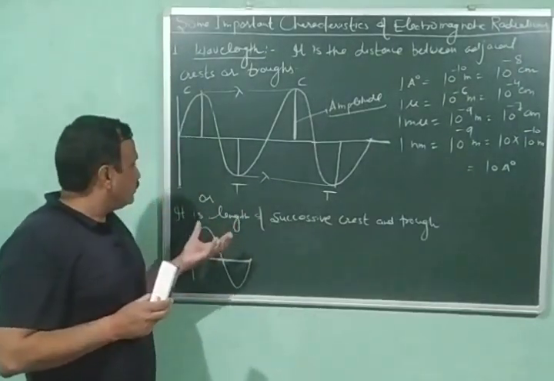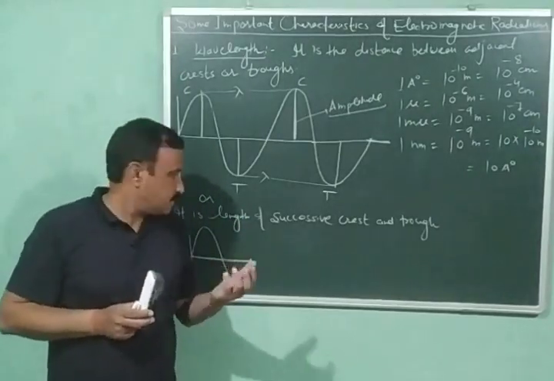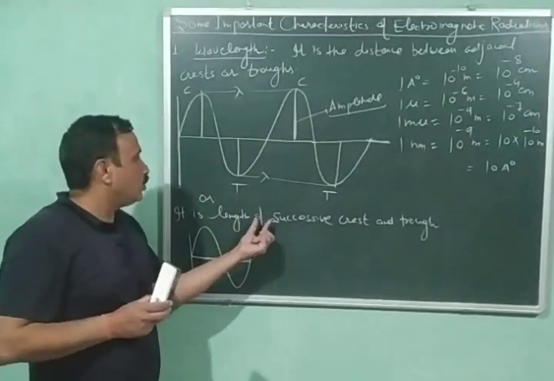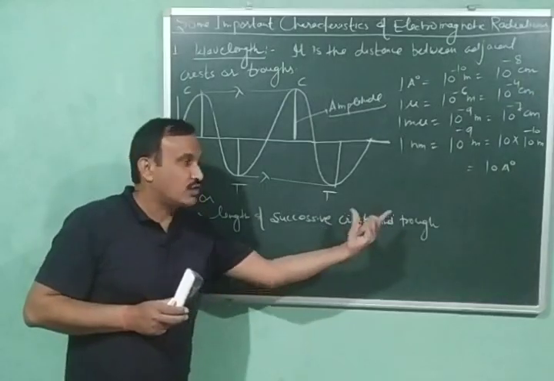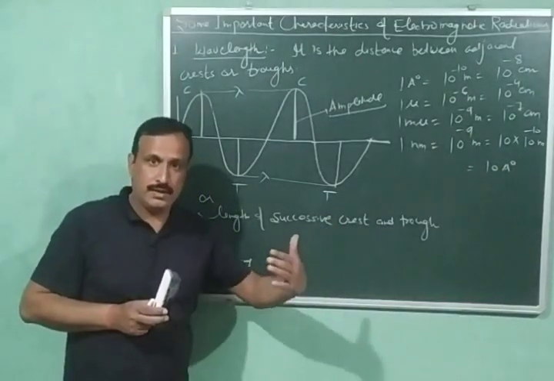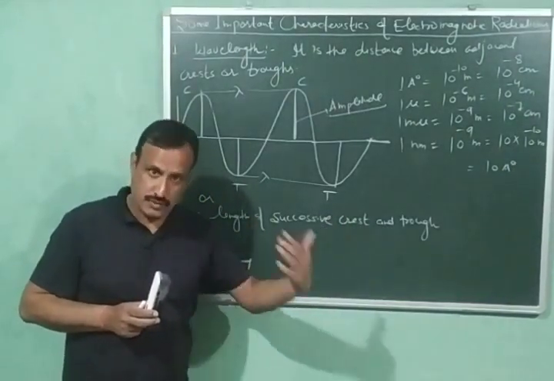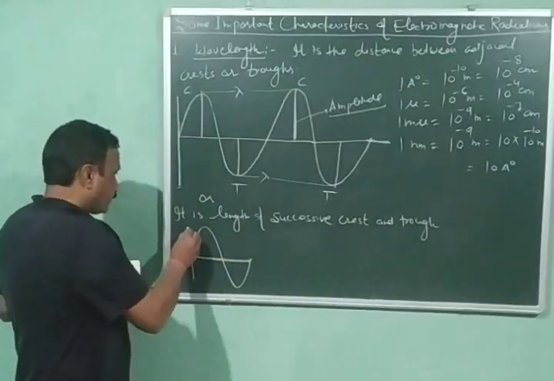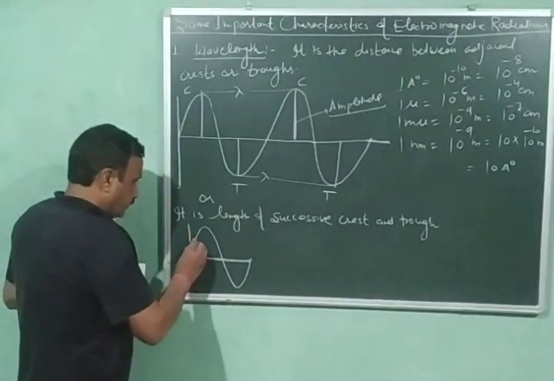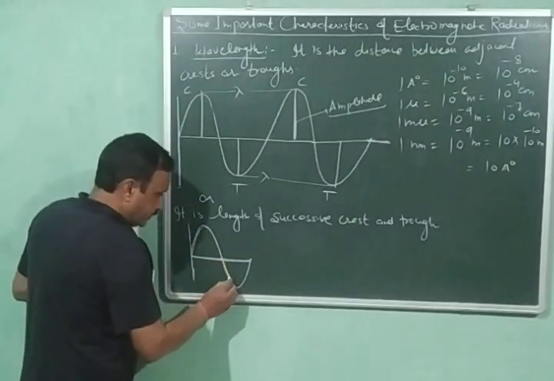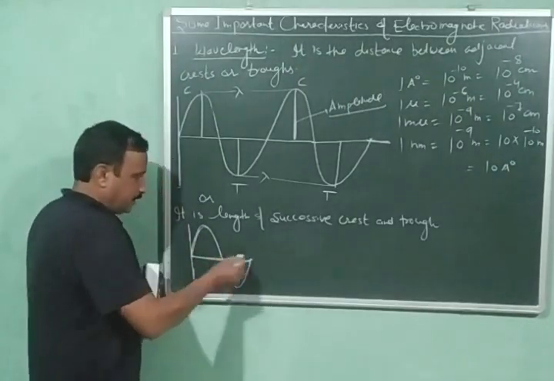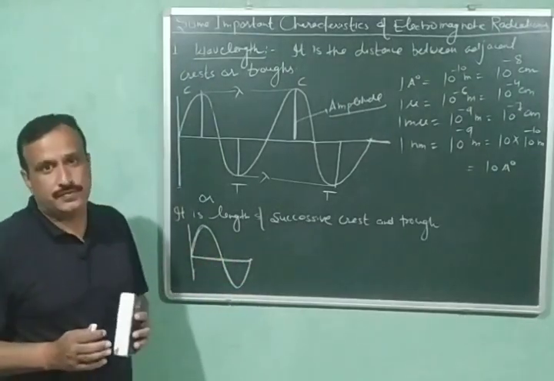Further, the wavelength can also be defined in another way: it is the length of a successive crest and trough. Successive means side by side, crest and trough. So here this is a crest and this is a trough, and both of them are successive.